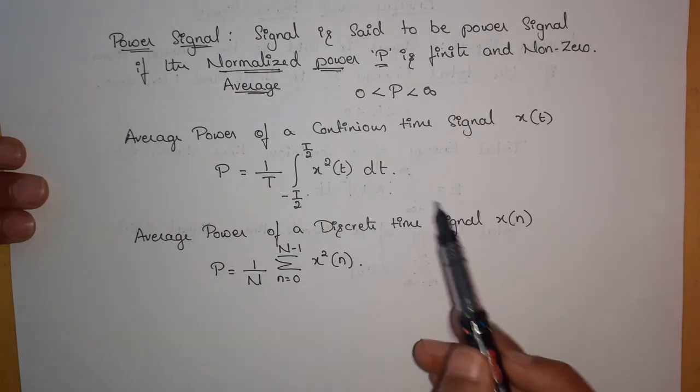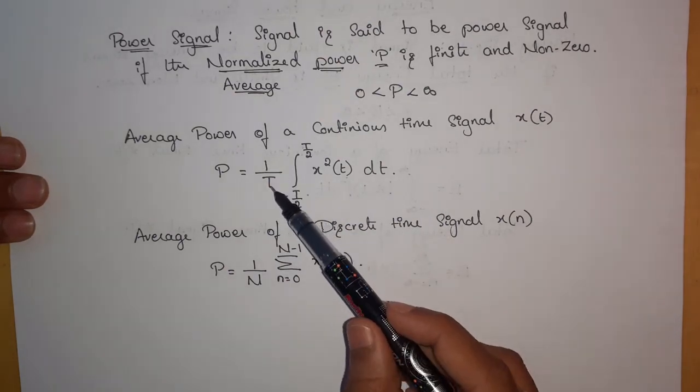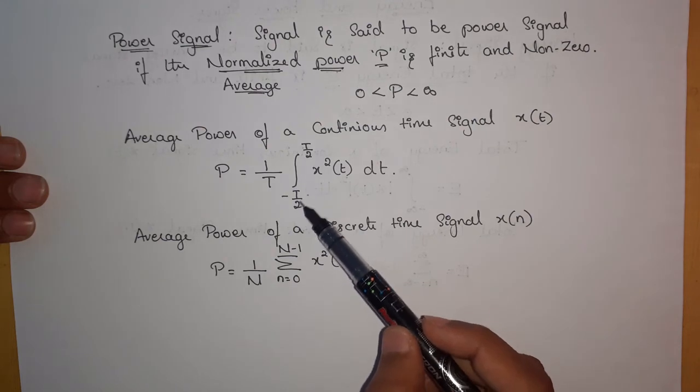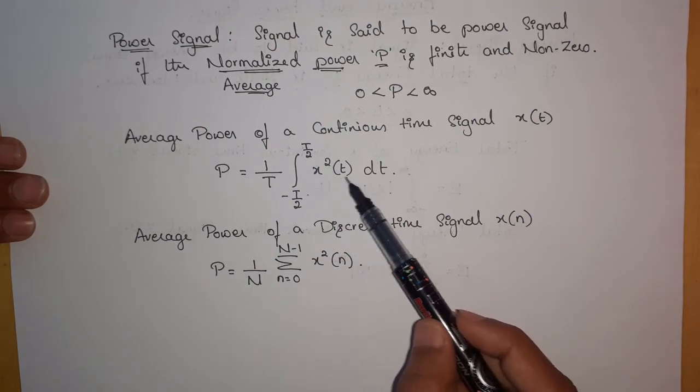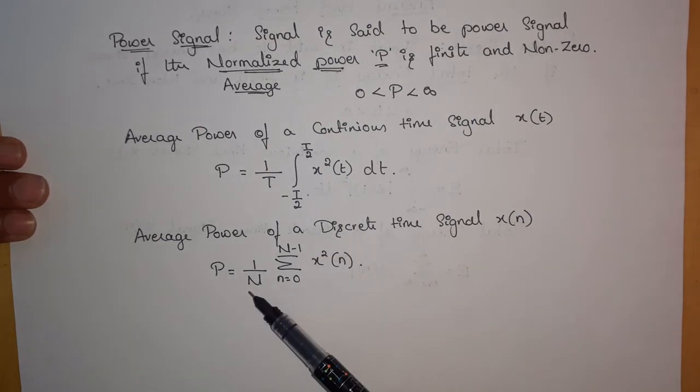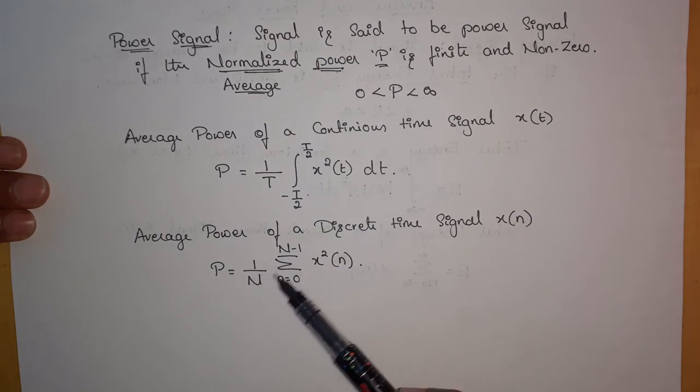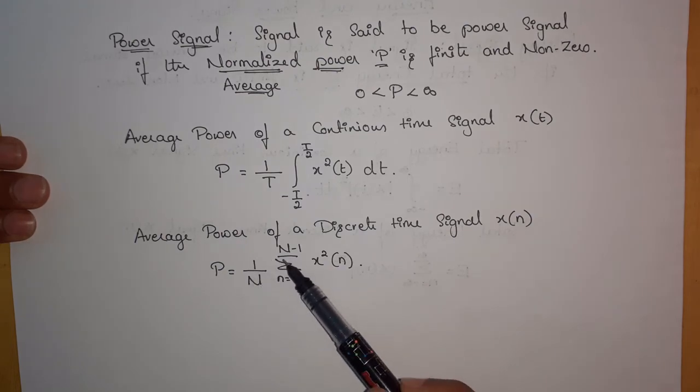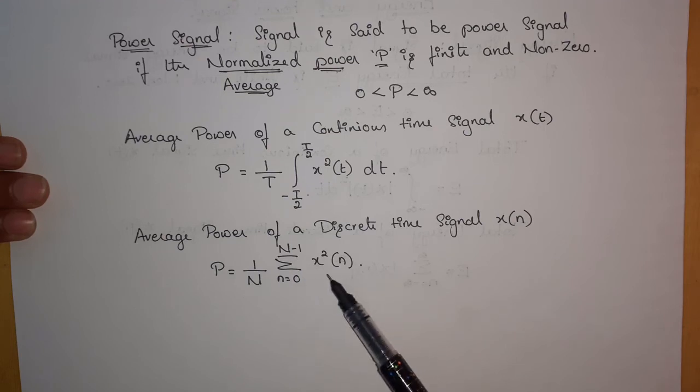For a continuous time signal it is 1 upon capital T integration from minus T by 2 to plus T by 2 of x square of t into dt, whereas for a discrete time signal it is 1 upon N summation of n equal to 0 to capital N minus 1 of x square of n.